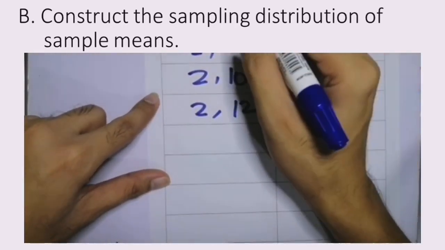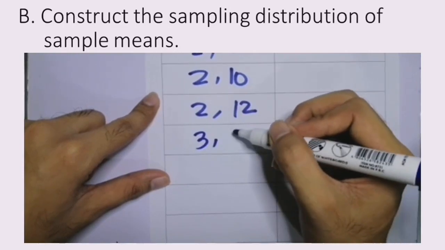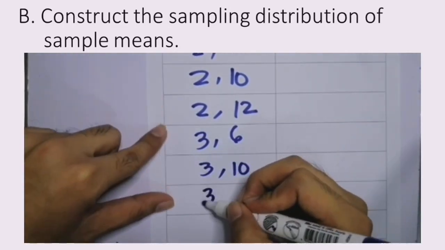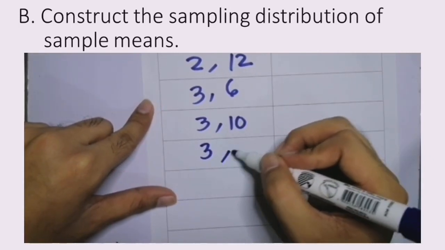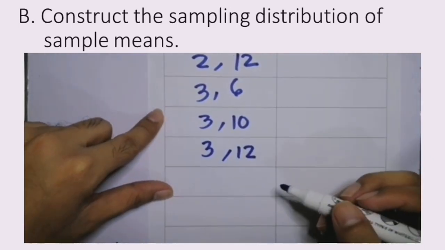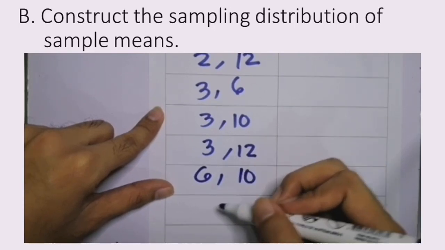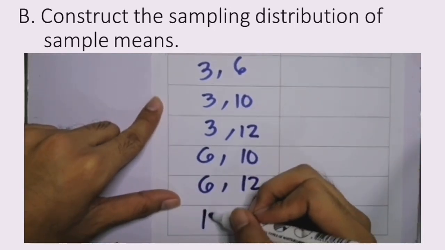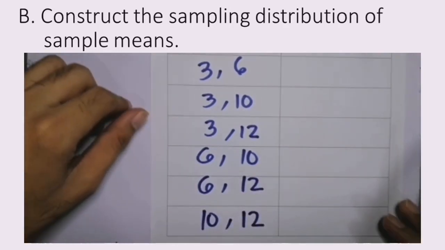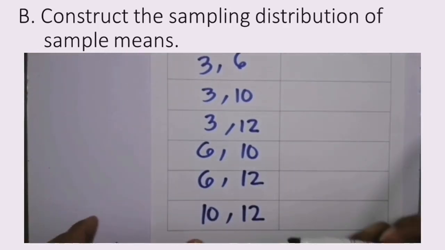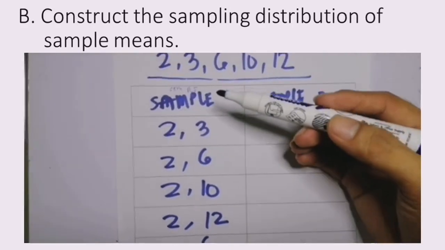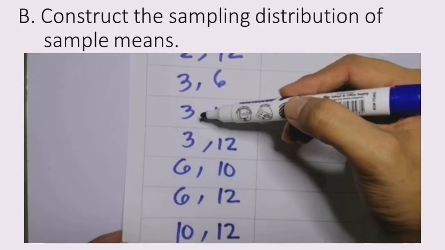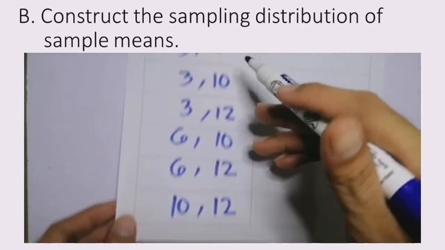Next, 3 and 6, 3 and 10, 3 and 12, then 6 and 10, 6 and 12, then 10 and 12. So kung atong i-count na, 10 samples, 1, 2, 3, 4, 5, 6, 7, 8, 9, 10.